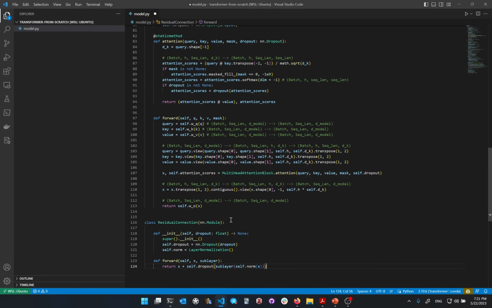So this is the definition of add and norm. Actually, there is a slight difference: we first apply the normalization and then we apply the sublayer. In the case of the paper, they apply first the sublayer and then the normalization. I saw many implementations and most of them actually did it like this, so we will also stick with this.